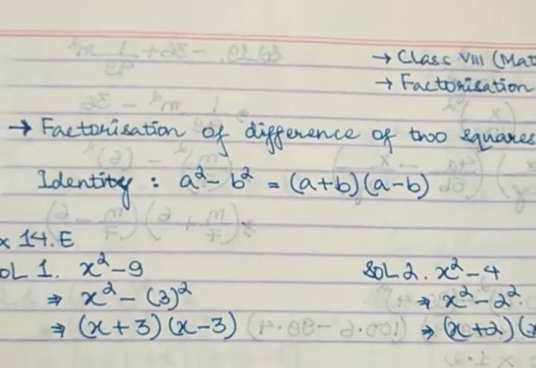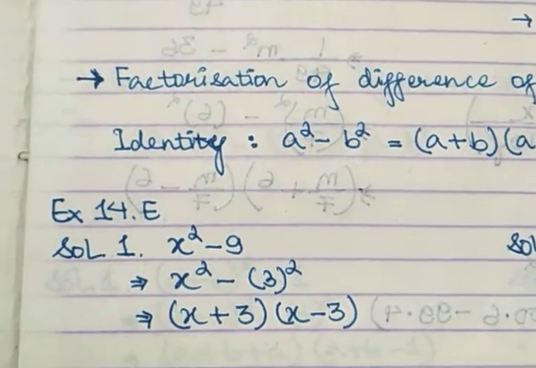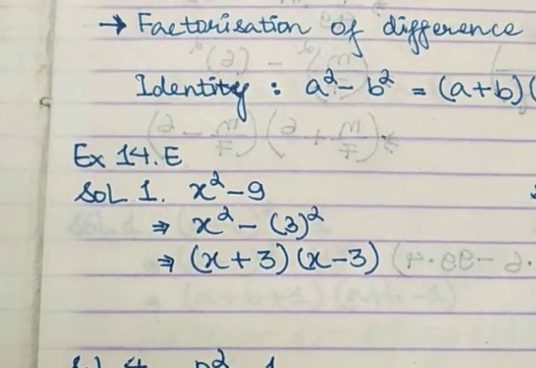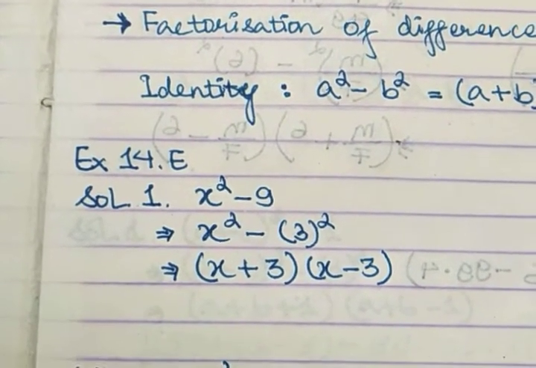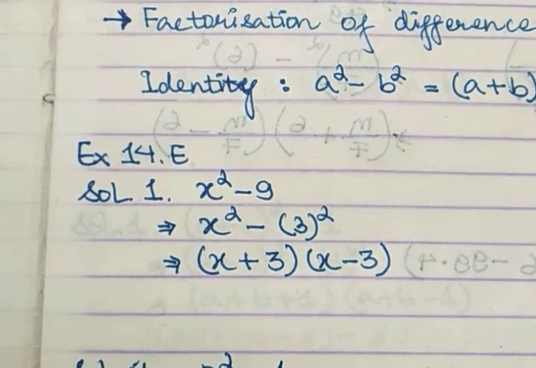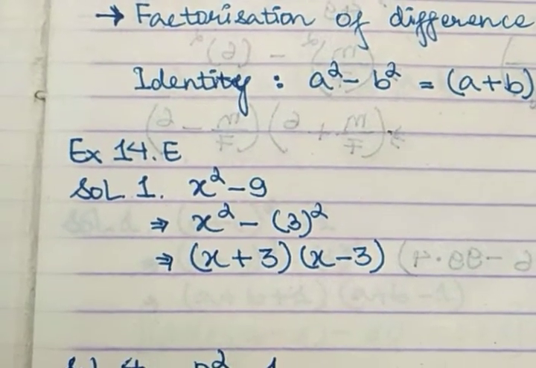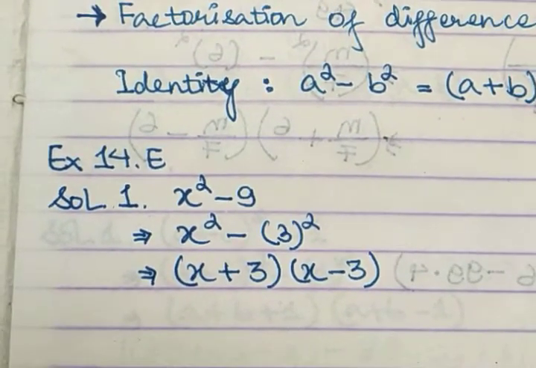Let's begin with the exercise. We have exercise 14e. Question number 1 is x square minus 9. Remember, in this kind of sums, you will be getting perfect squares as your constant terms. Since we know that 9 is a perfect square of 3, isn't it?